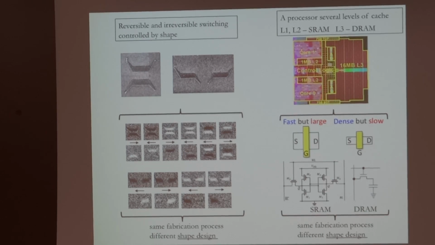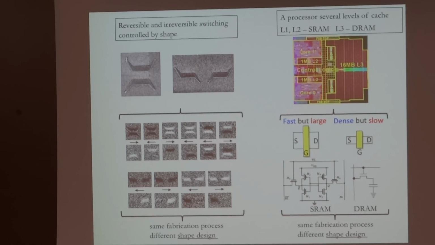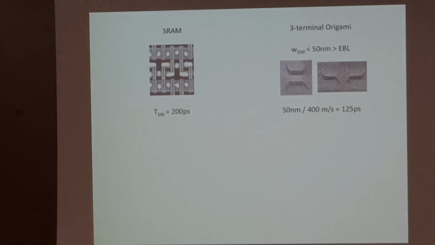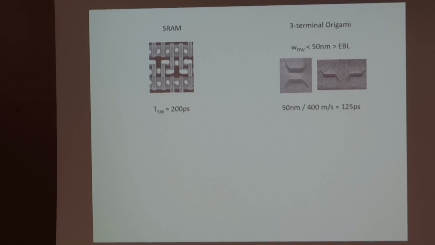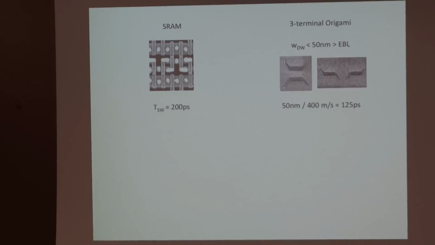And if you want to compare it now to an existing memory, we decided to estimate how much this can be useful compared with SRAM, for example. You know that the switching of SRAM is way below the nanosecond. So the physical limit of the switching speed for these devices is actually the domain wall velocity.